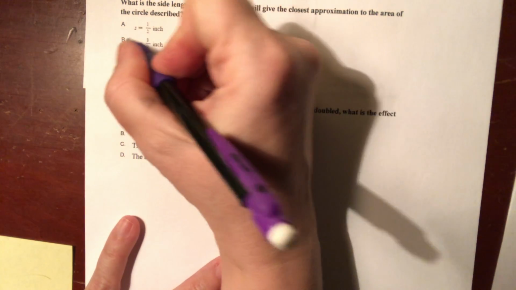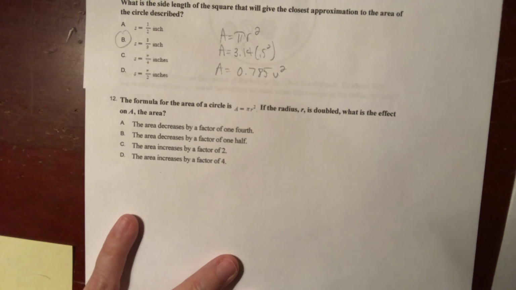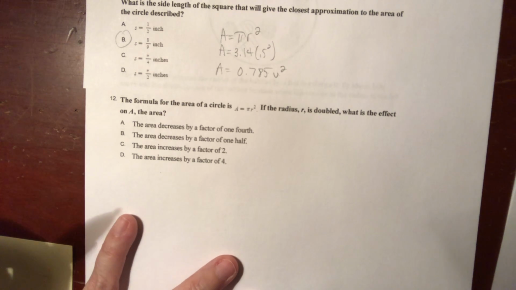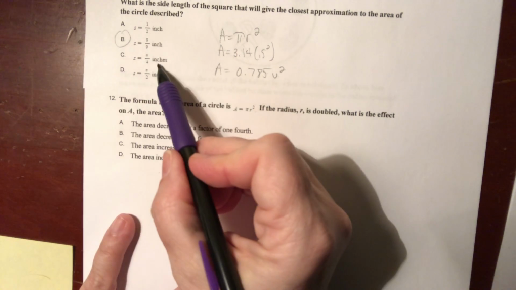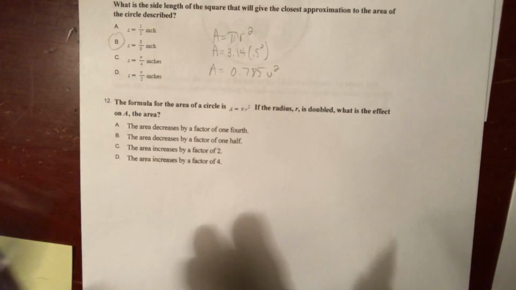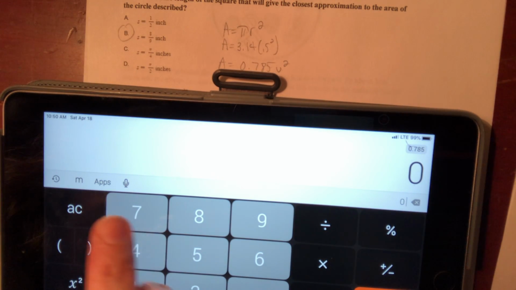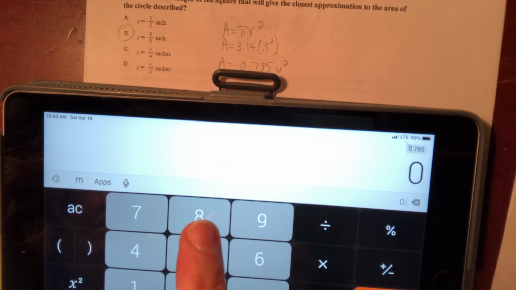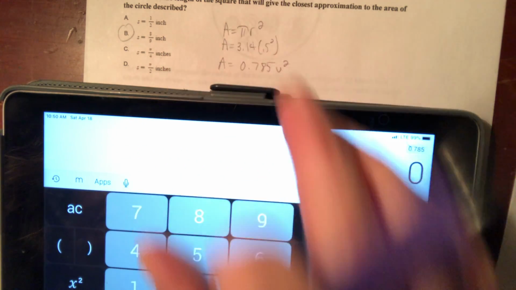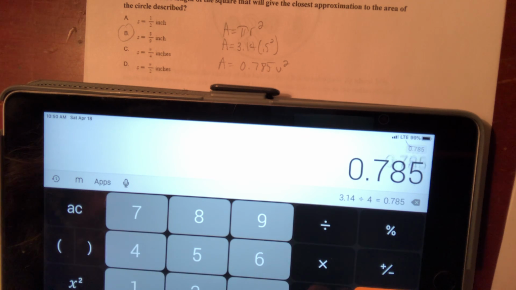Now I'm thinking about 3.14 divided by 4.